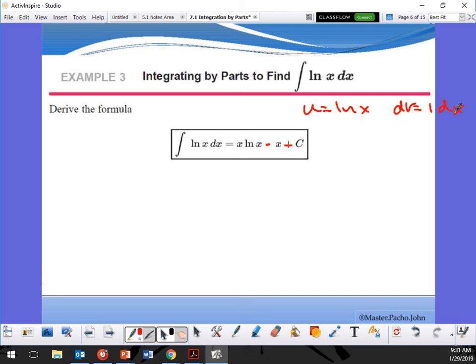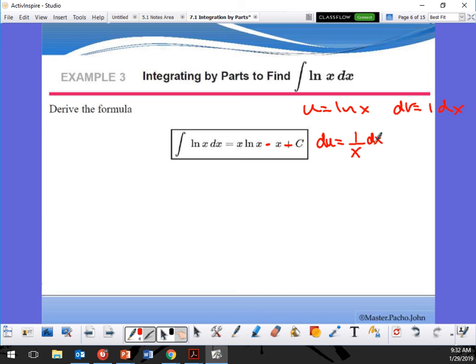So there is one there. If there is just the dx, there's at least one there, right? So my du is equal to what? When I take the derivative of u, I get du. When I take the derivative of ln x, I get 1 over x dx.